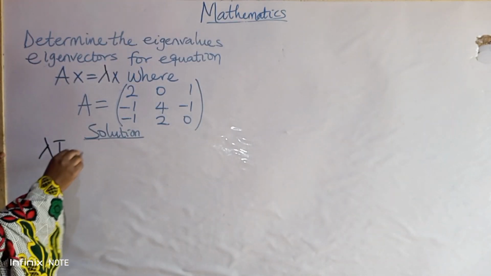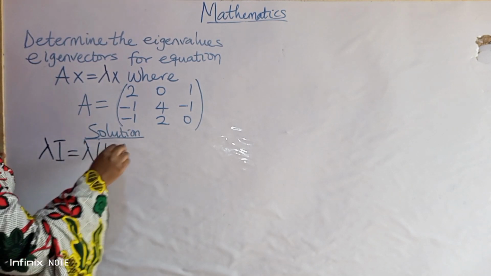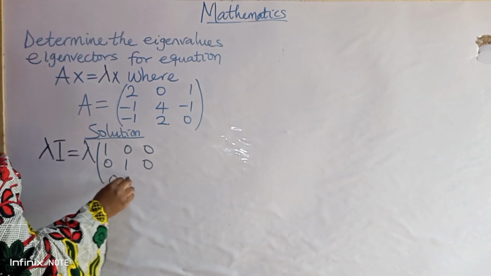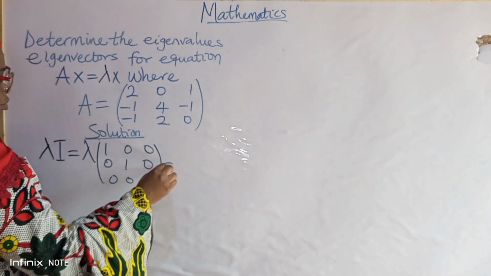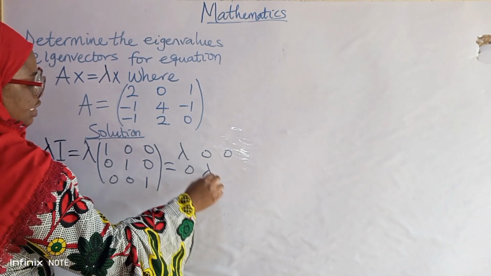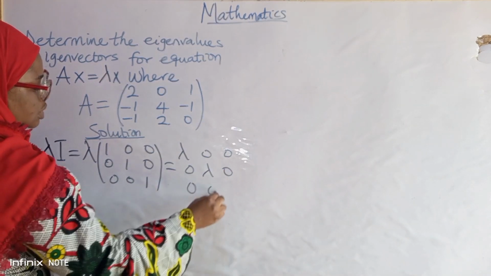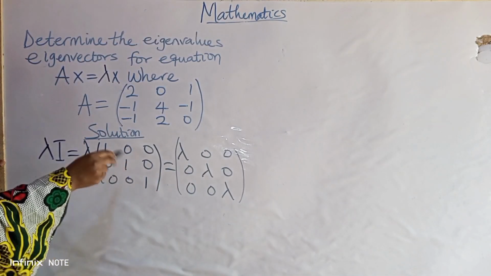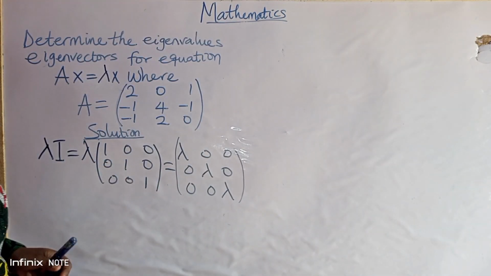So lambda multiplied by 1, 0, 0, 0, 1, 0, 0, 0, 1 will be lambda, 0, 0, 0, lambda, 0, 0, 0, lambda. That means I use lambda to multiply all the elements of this identity matrix.